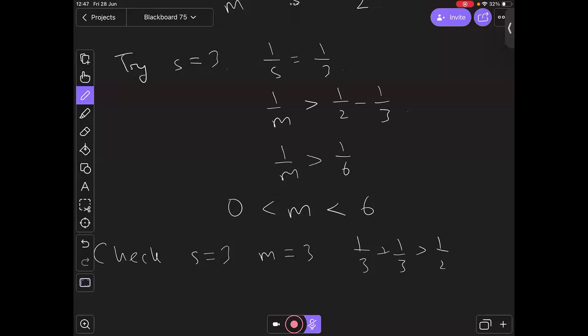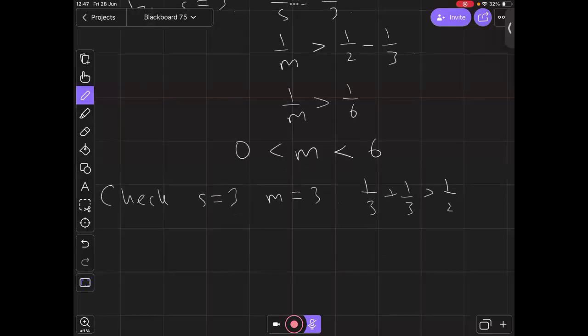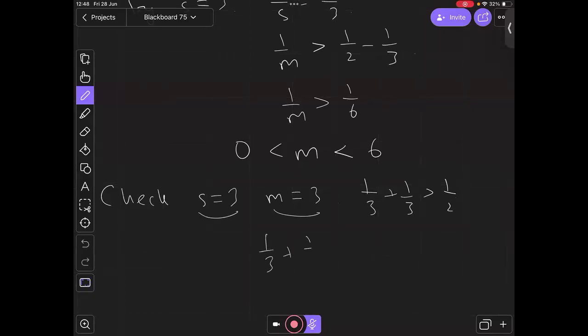So that's a possibility. That's the case when S is 3. You've got three edges around a triangle, and 3 triangles meeting, and you can see what E would have to be. So what would E have to be in this case?